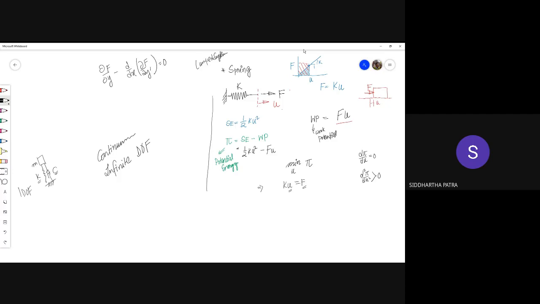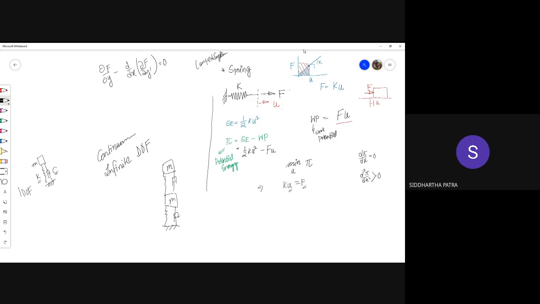But see, by taking a limited number of such lump systems, like I can model each floor with a mass, and then on each floor, whatever the support is, the columns and the beams, I can model them with the help of springs and the dampers, and I can keep on doing this for multiple floors.